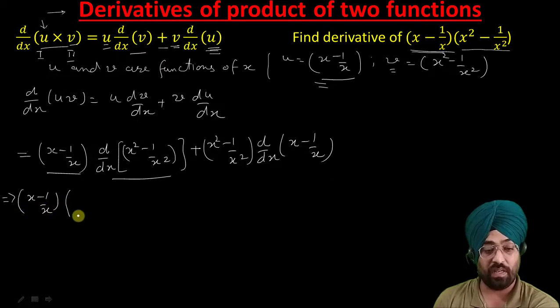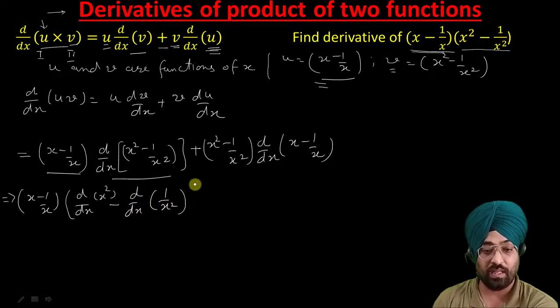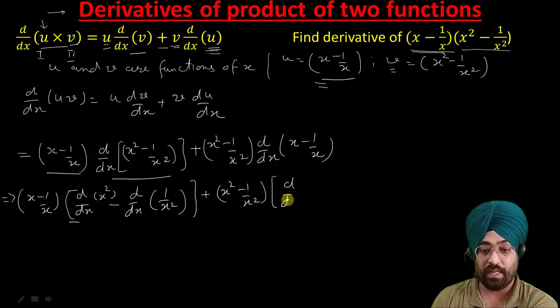Now in our previous lecture we did the formula, so this can be written as d by dx of x square minus dy by dx of 1 by x square, so as it is, plus x square minus 1 by x square as it is, then d by dx of x, we will split this, minus dy by dx of 1 by x.